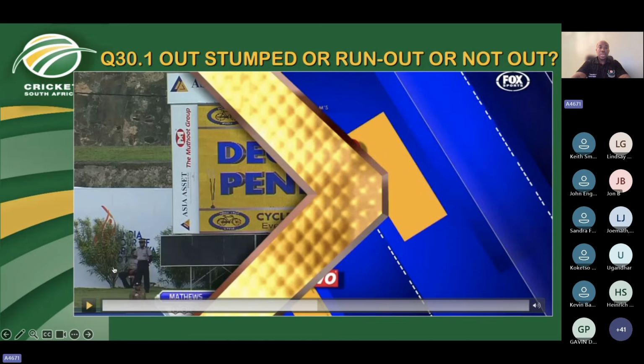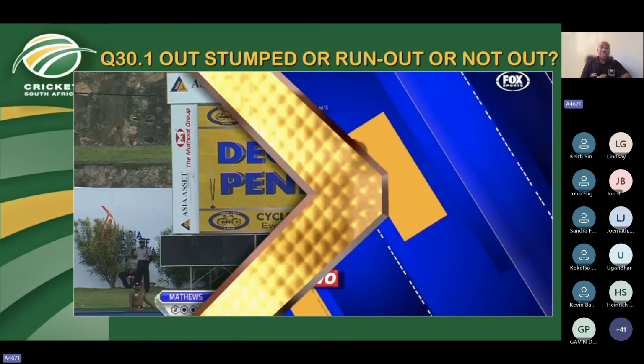So, is that out stumped, or is that out run out, or is that not out? Please type your answer into the chat box now. I will be going through all answers to all the quiz questions at the end of the presentation.